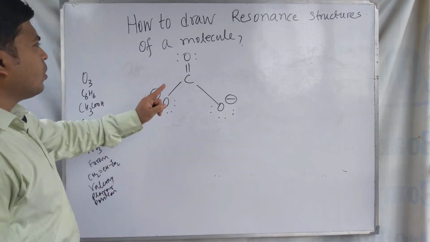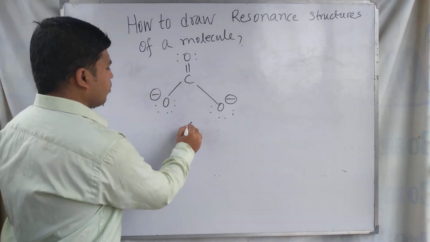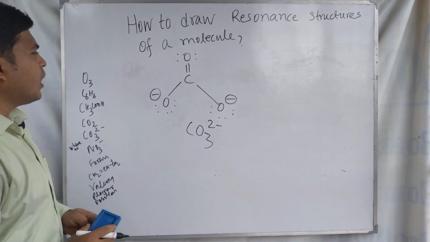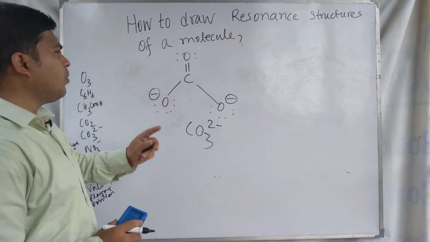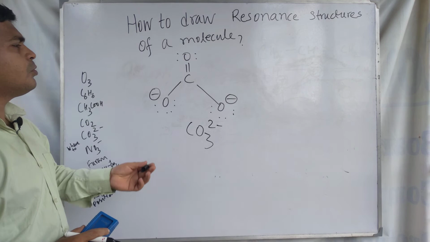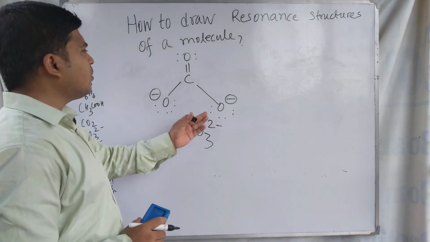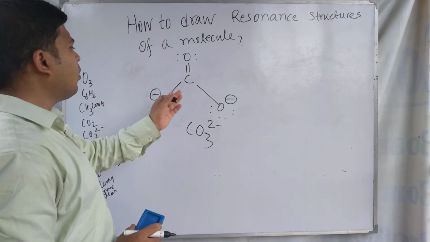This is the carbonate ion, CO3 2 minus ion, called carbonate ion. This is the Lewis dot structure of carbonate ion, and in Lewis dot structures we can make some possible Lewis dot structures for these molecules.